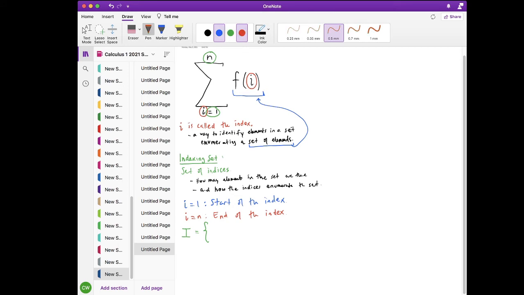What is the start of the set? Well, it's i equals 1 in this case. What's the next element in the index? It's always going to be over integers, where the next element is plus 1 from before. Then you keep on plussing 1, and you keep going until you reach the end of the index, n.